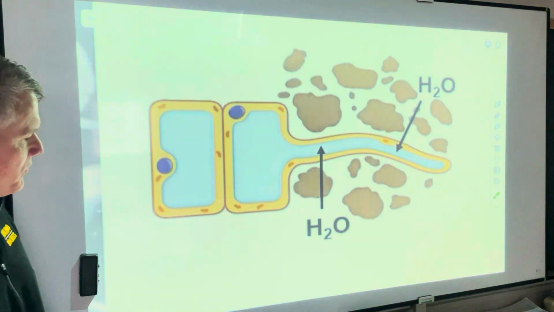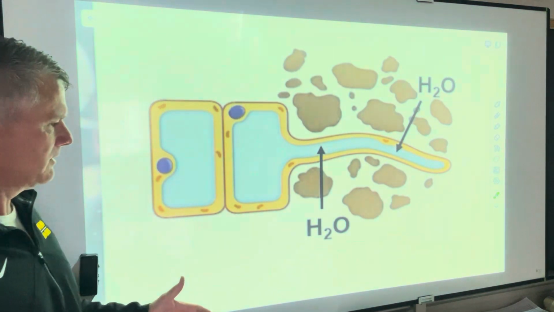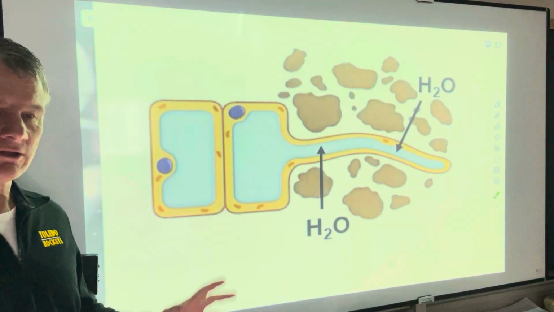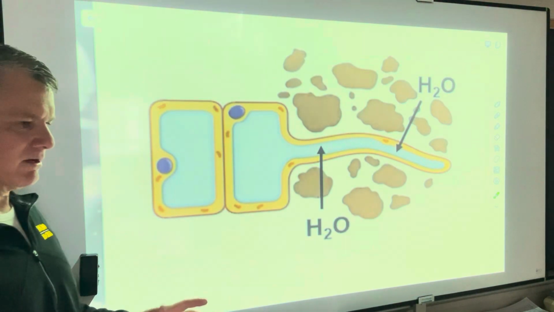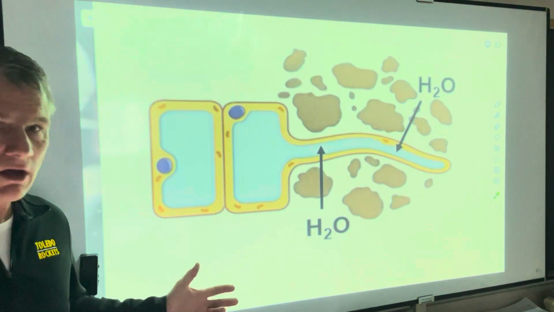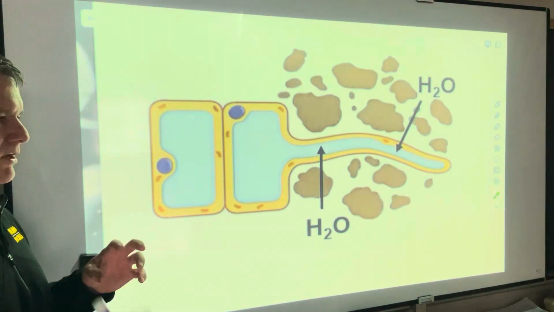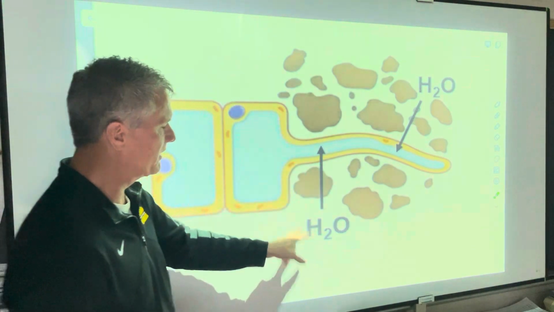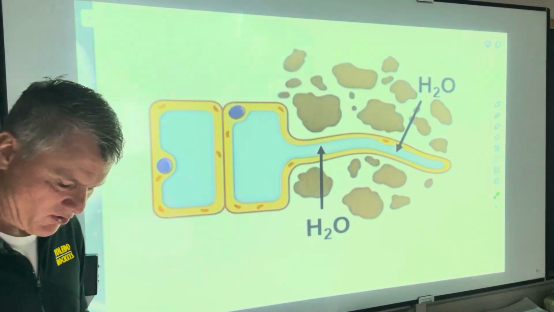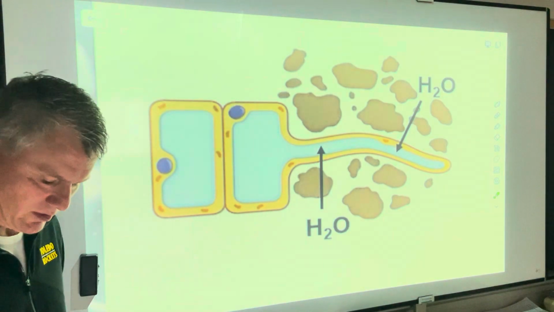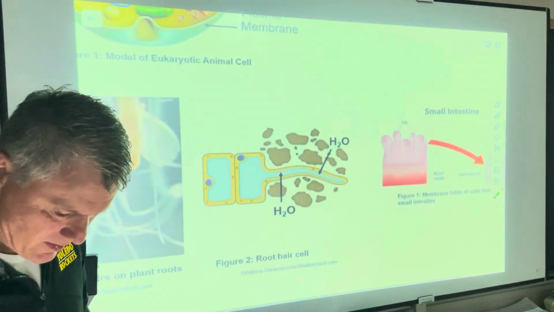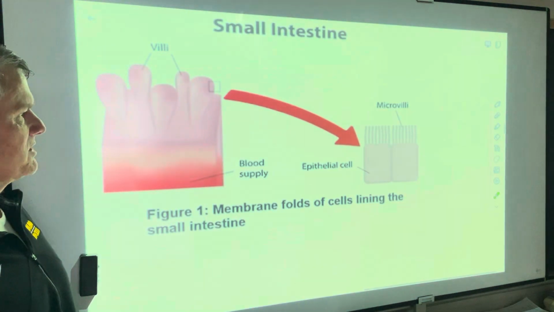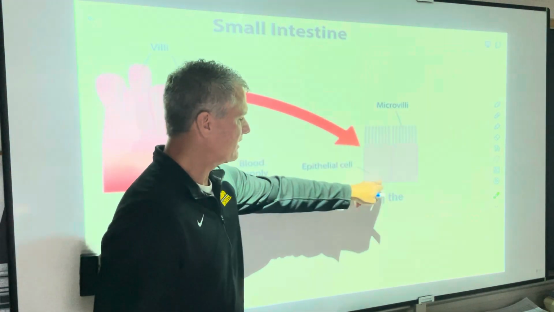You know, you think of the human brain, it's wrinkly, right? And it's wrinkled because it's increasing its surface area, so you can stuff more brain matter into the skull. Okay, small intestine, very much the same way. Here's the lining of the small intestine.